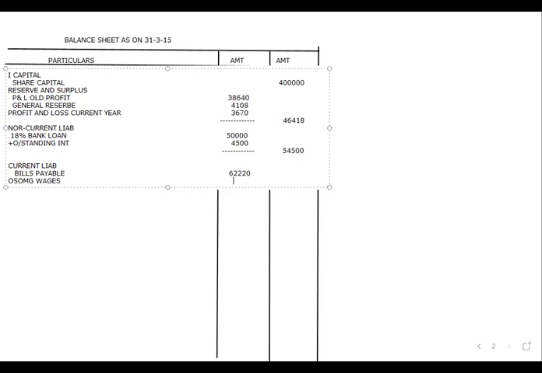It is 1890. So 1890 we are going to take, and then after outstanding wages, outstanding salaries, which is 1200.